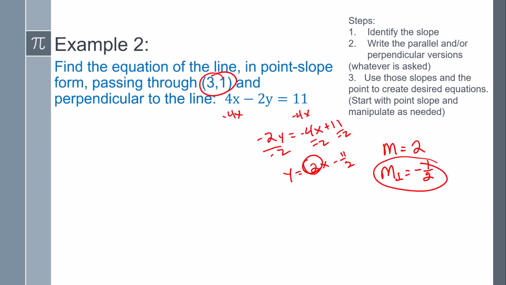Now I can create my line. Y minus y1 equals my m times x. I switched them. So y minus y1 equals my m times x minus x1.